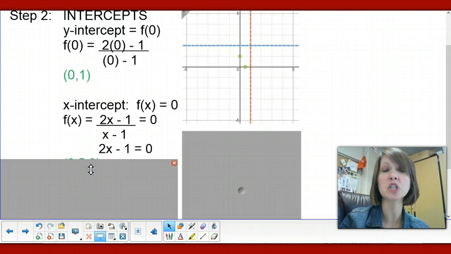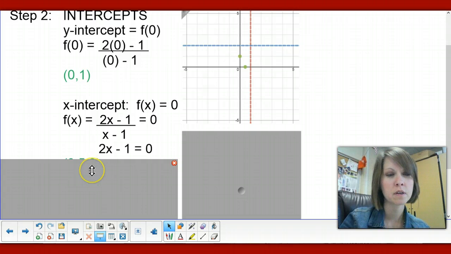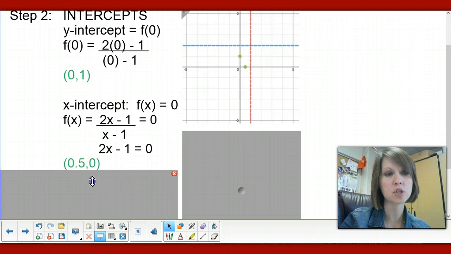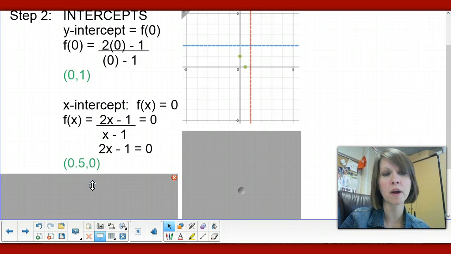So we're actually going to choose to ignore the denominator at this point. It does not make a difference in the numerator equaling 0, so long as that x value that we get isn't the same one that was undefined when we found the vertical asymptote. So we have an ordered pair of (1/2, 0). The x-intercept is 1/2. And that's what we see right here plotted on our graph.